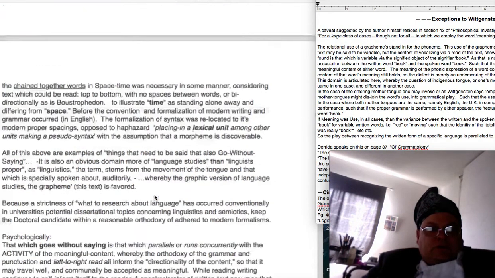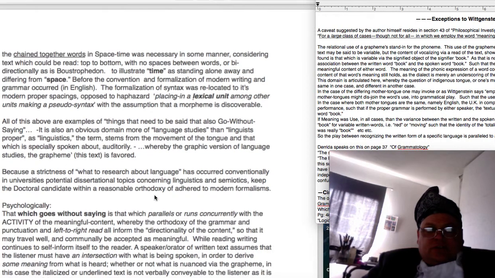The splitting of the chained together words in space-time was necessary in some manner, considering text which could be read top to bottom with no spaces between words or bidirectionally, as is Boustrophedon, to illustrate time as standing alone, away from, differing from space.